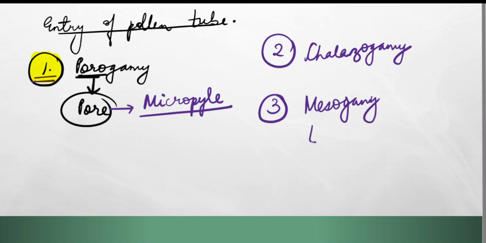And if it enters from the integuments, we say it as mesogamy. Integuments, mesogamy is for integuments, and chalazogamy is for chalaza. I will not write in gray, it's not visible properly.